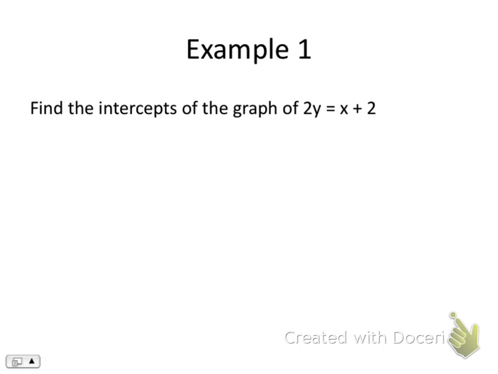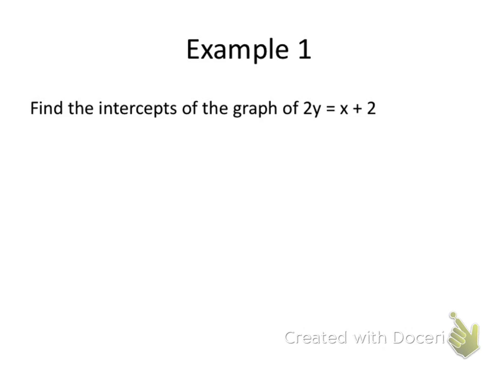So let's look at our first example. We need to find the intercepts of the graph of 2y equals x plus 2. In this case, you don't have to put it in function form to do this, but you can if you want to. Okay? What I like to do is literally just substitute in a 0.